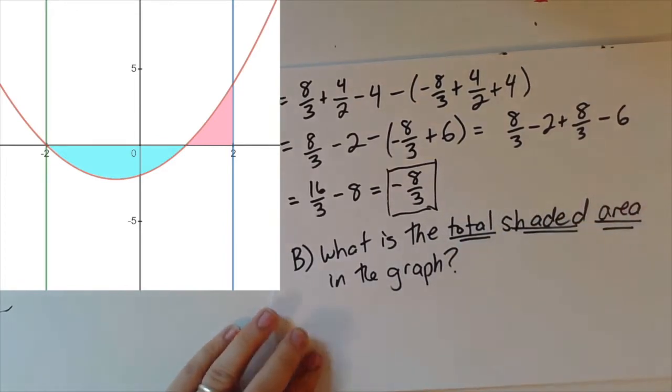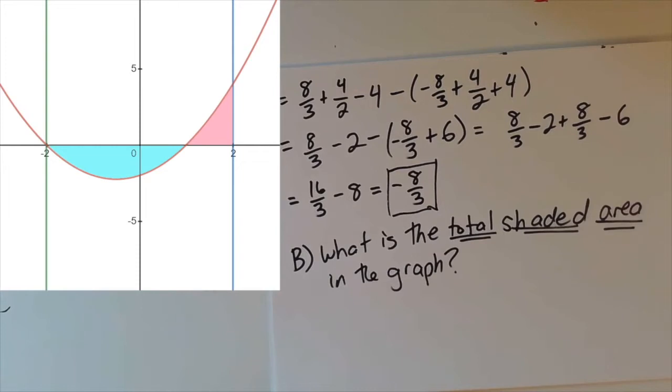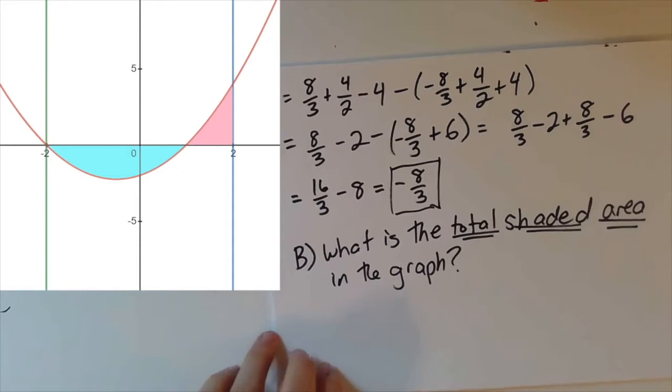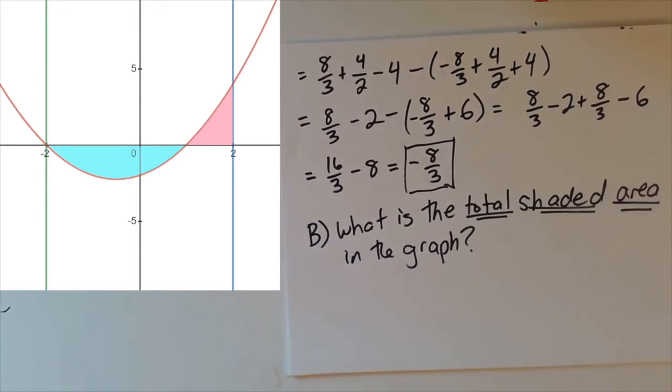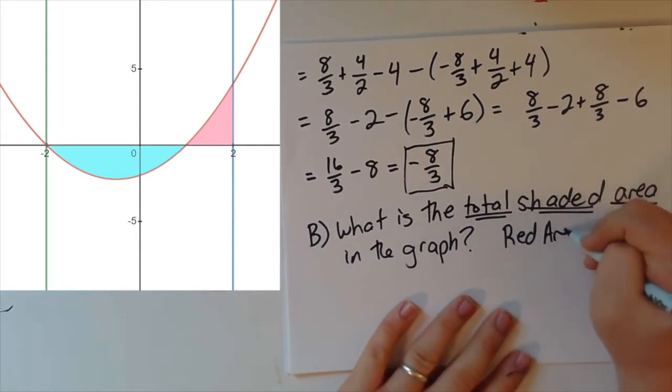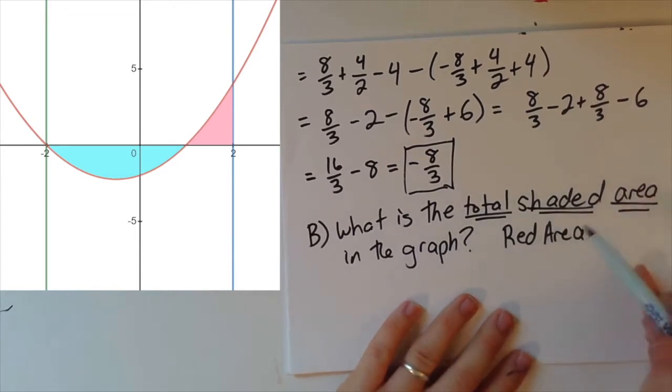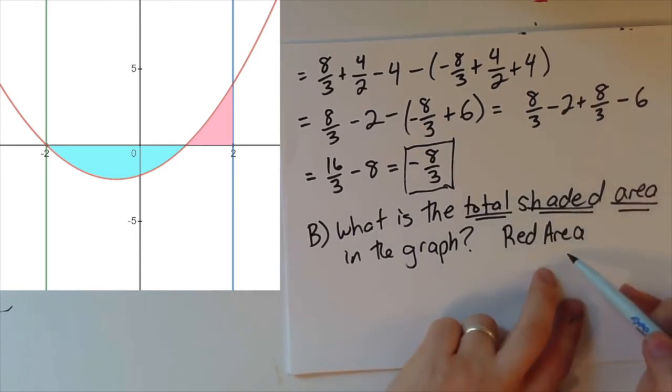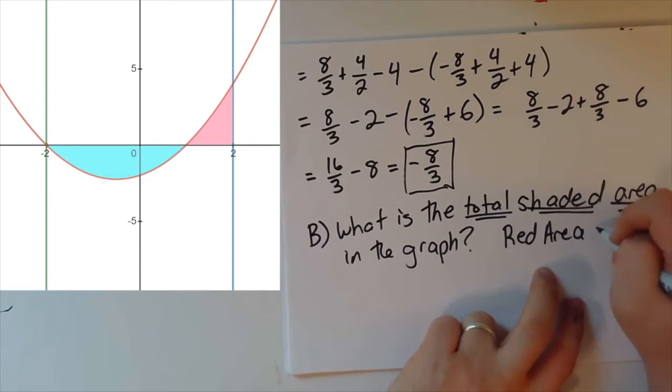Okay, and so this phrase, total shaded area, indicates that if I frame this in terms of the red area and the blue area, it should be the red area, not minus the blue area, which is what we calculated before, but the red area plus the blue area.